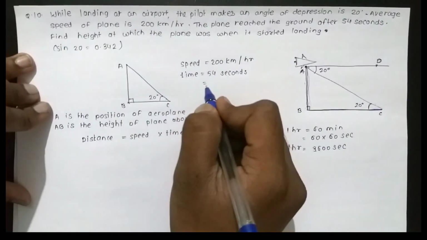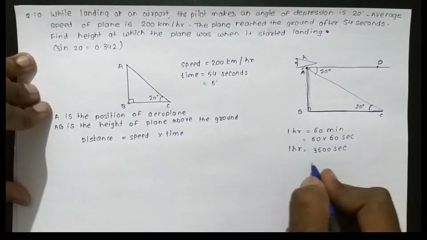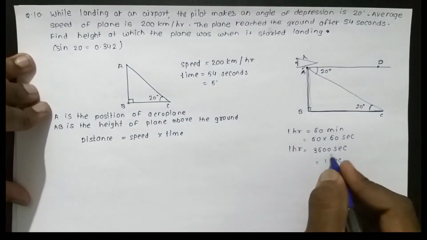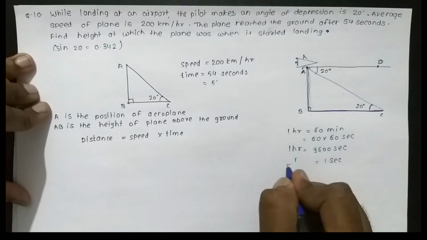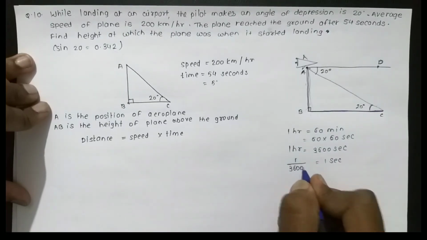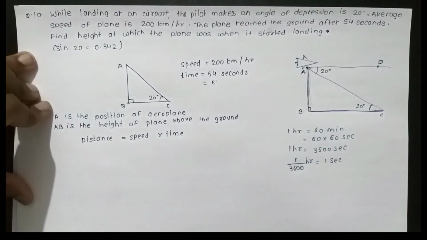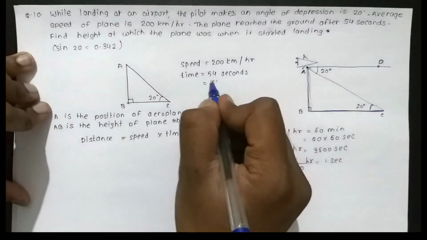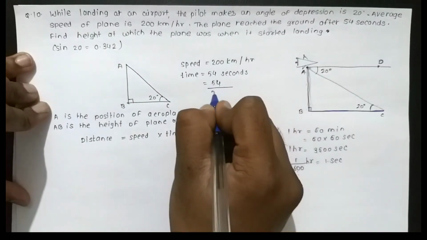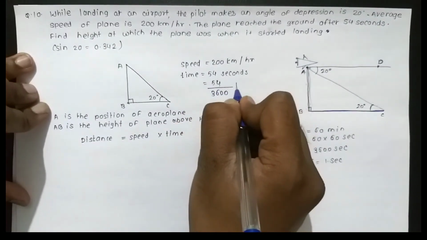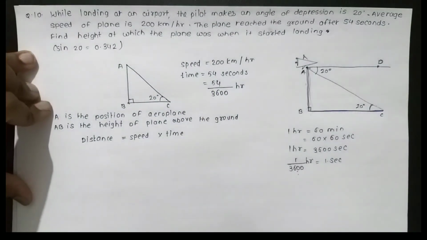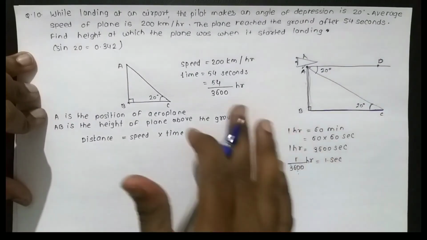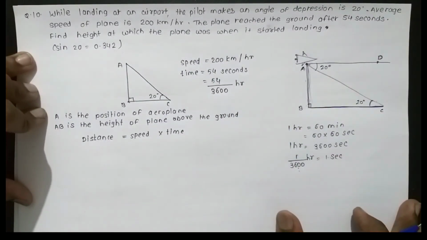So we divide by 3600. So 1 second is equal to 1 upon 3600 hour. So 54 seconds is equal to 54 upon 3600 hour. Have you got this? This is the main theme.